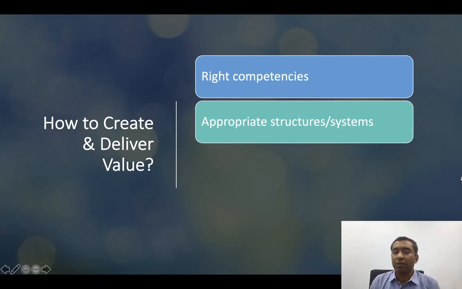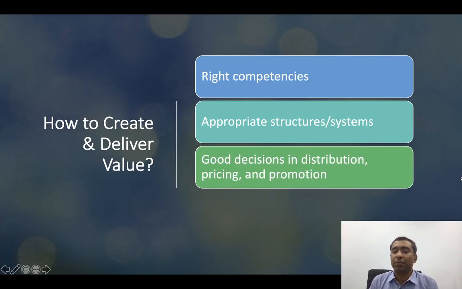But you also need appropriate structures and systems. It means that you also need organization structures and systems that can deliver those values. For example, the coding department needs to work with the graphic department and other departments, and then you have to work with the supply chain, distributors, all these.